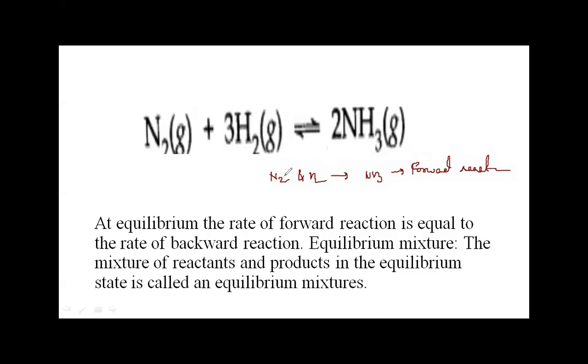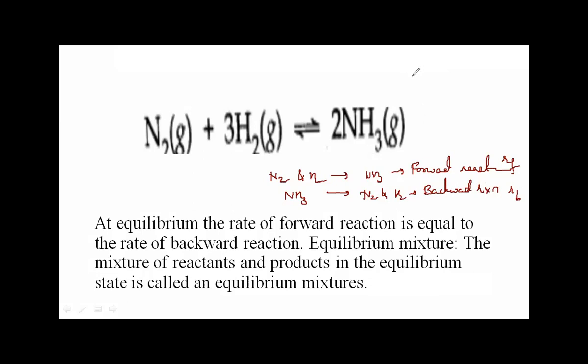In the beginning, since the nitrogen and hydrogen concentration is more, N2 and H2 react to get converted to NH3. So the forward reaction will be occurring with high speed. After a certain interval of time, with the progress of the reaction, when the concentration of product increases, it will get converted back to N2 and H2. This is the backward reaction. And the rate of the backward reaction, after a certain time, goes on increasing.